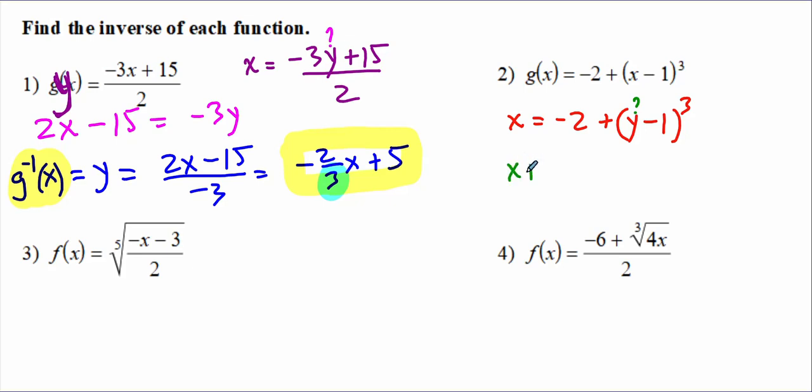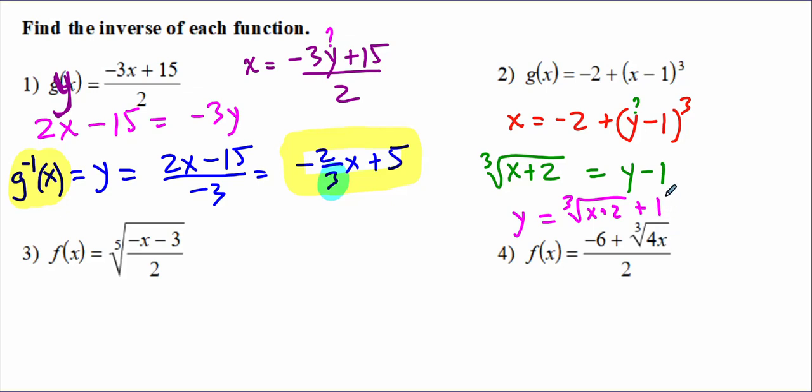So this is x plus 2, cube root it. What's left on this side? y minus 1. And I'm adding 1 to both sides. And in the process, I'm going to change their positions. We typically write y equals first. So this is going to be y equals the cube root of x plus 2, and then plus 1.